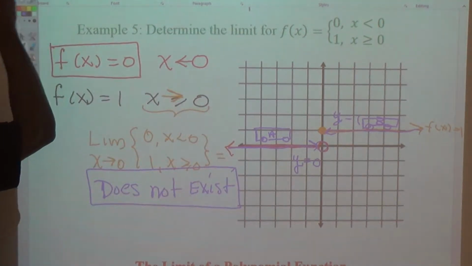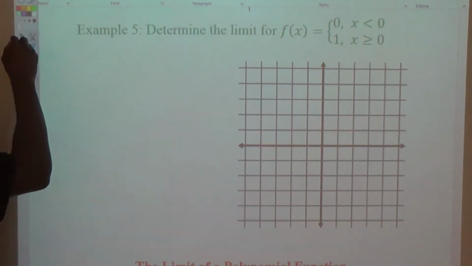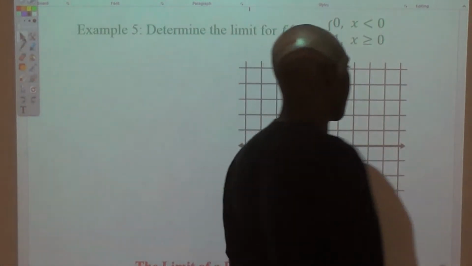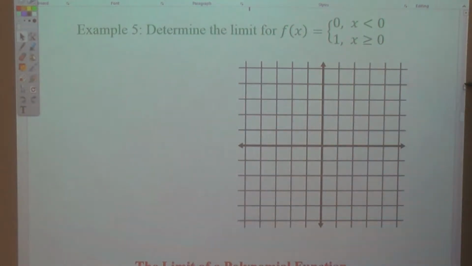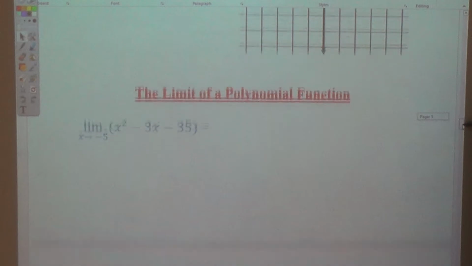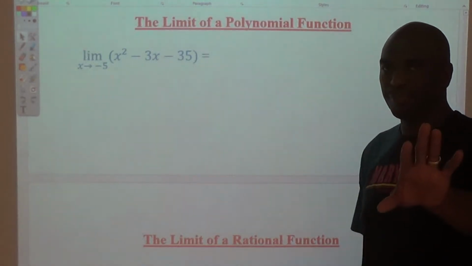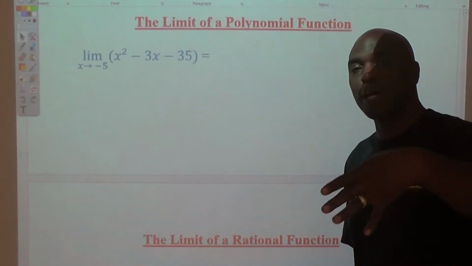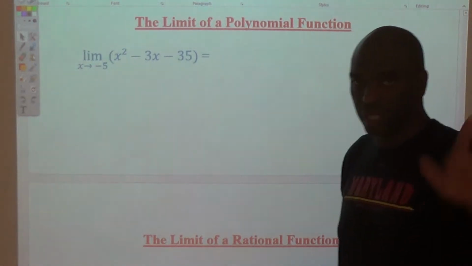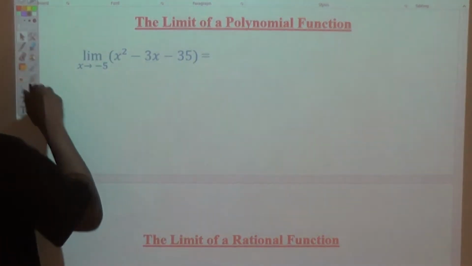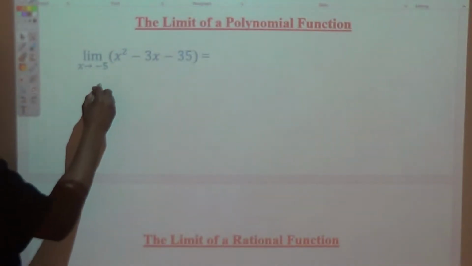Let's move on. The limit of a polynomial function. Pretty simple, not too bad. Go right back to what? Direct substitution. You got this one. Directly substitute.